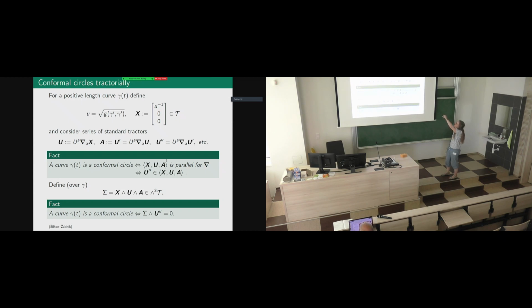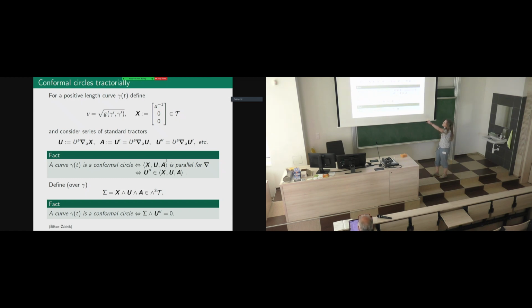Gamma is a curve, and gamma bar is just the derivative in the direction. This reflects the size, so I assume a positive length curve, so this is correctly defined, and I consider this tractor X. Having this, I can consider a series of standard tractors of this form. Simply, U is really the tractor velocity, then tractor acceleration, and so on. In this way, we can define the sequence of tractors.